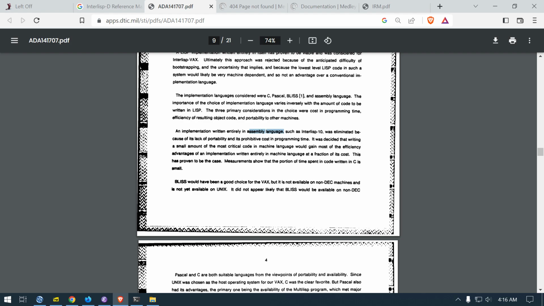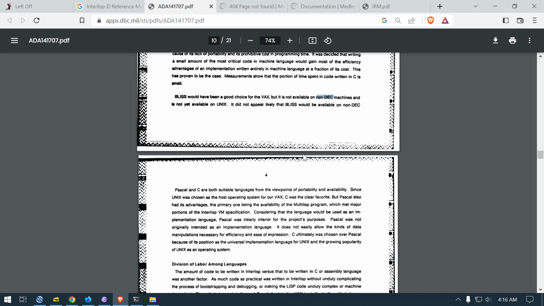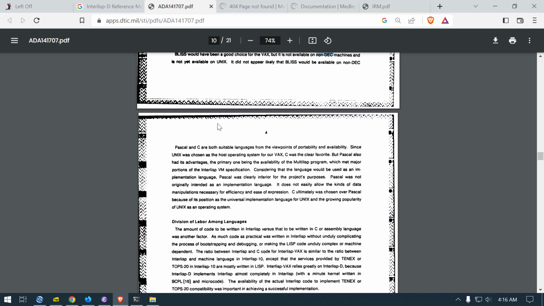I want to say they used BCPL on some of this stuff too, maybe. And so that's why they ended up choosing C: one, because it's portable, and it's faster. And here's where they're saying it would have been a good choice, but not on a non-DEC machine. Then they'd have to redo everything if they were going to move their Interlisp to some other machine in the future. And so these two are the ones that they were saying were suitable.